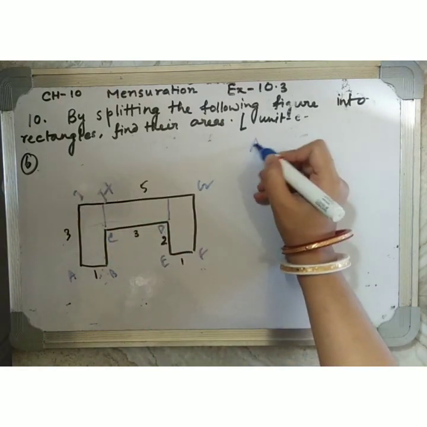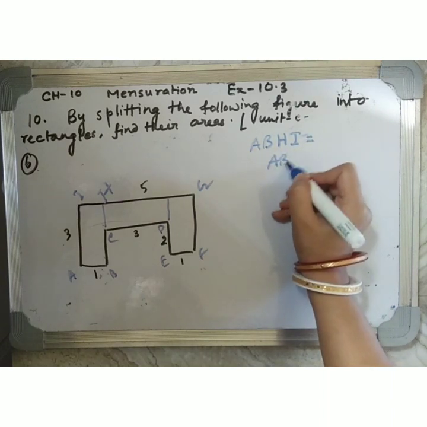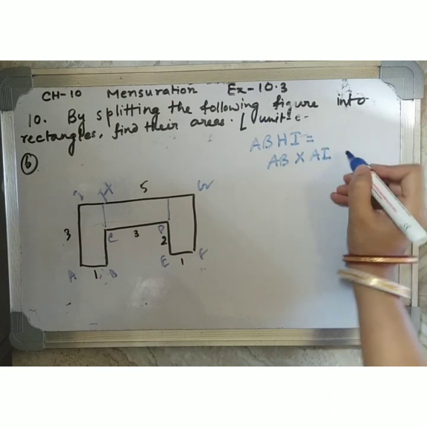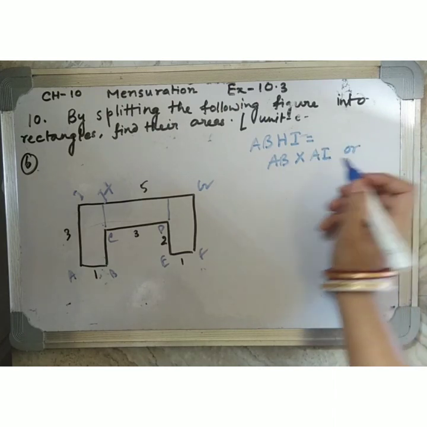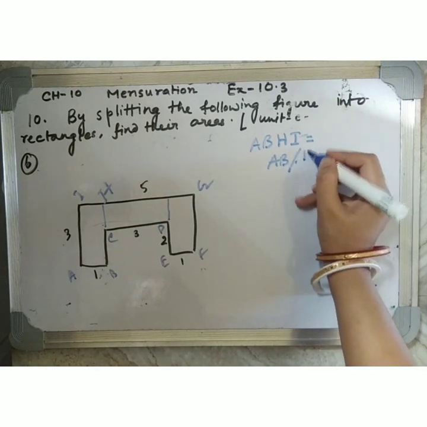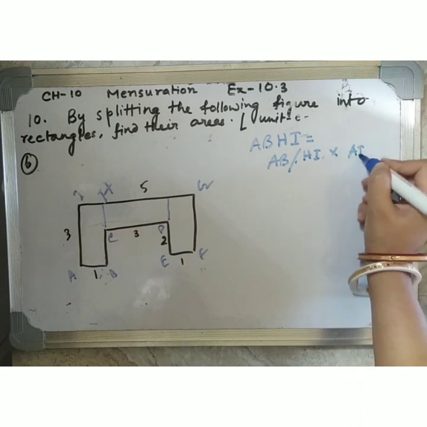The area of ABHI will be equal to AB into AI, or you can also write AB or HI into AI or BH.